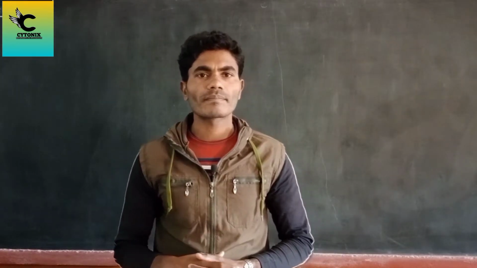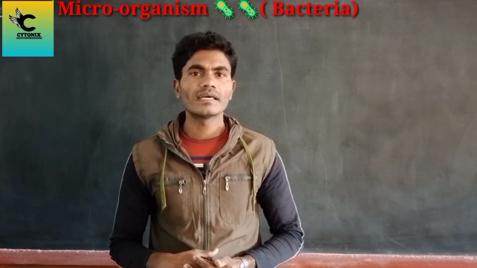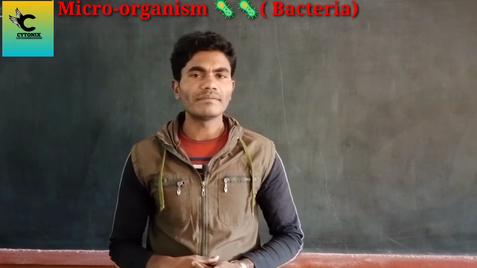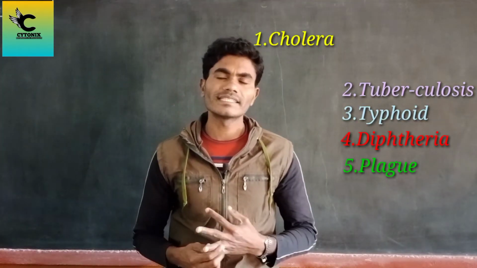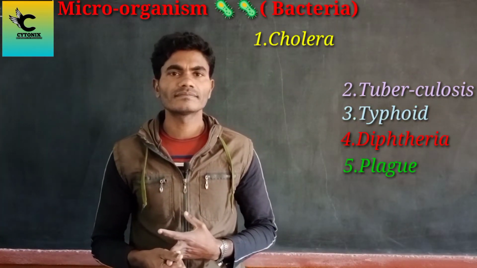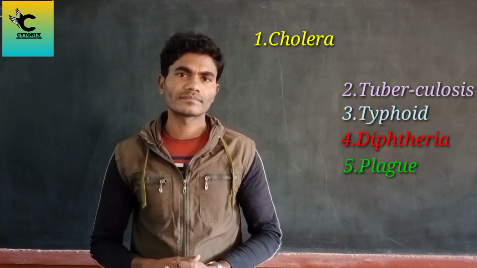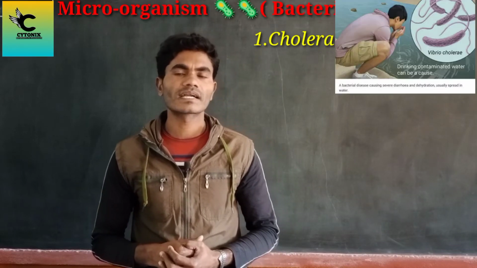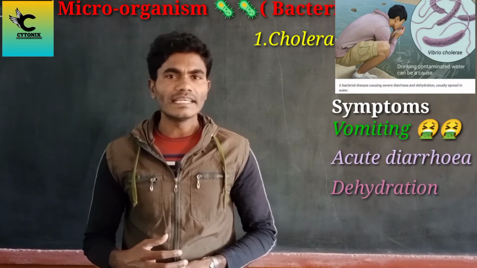Now we will see some common diseases caused by bacteria in human beings. There are also five types: cholera, tuberculosis, typhoid, diphtheria and plague. First is cholera. The symptoms are vomiting and dehydration.